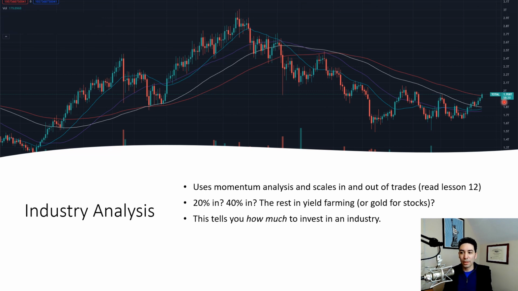So if you were worried that maybe you're too late to get into the crypto market, no. All cryptos, all of them together, is 2/3 of Apple stock. So we are really, really early in this game, right? Anyway, what this industry analysis does is it tells you how much to invest in an industry. 20%, 40%, 60%, you see, it tells you how much.